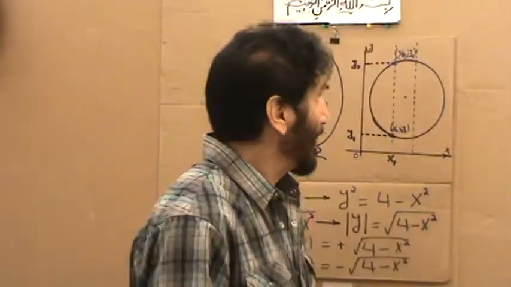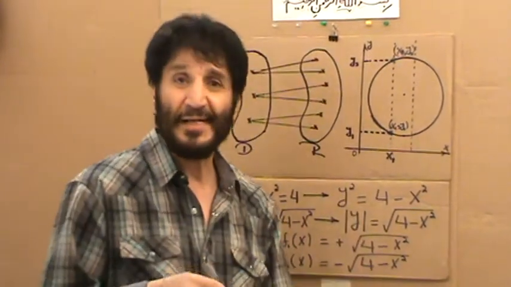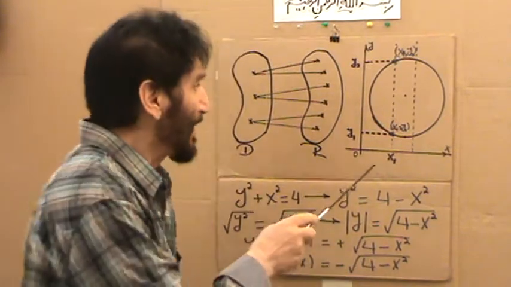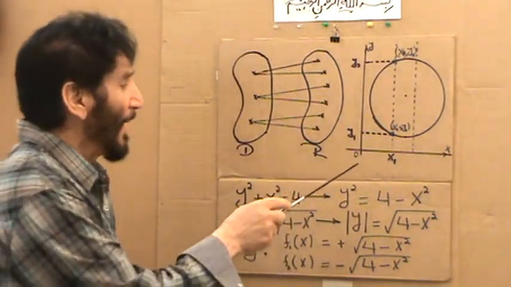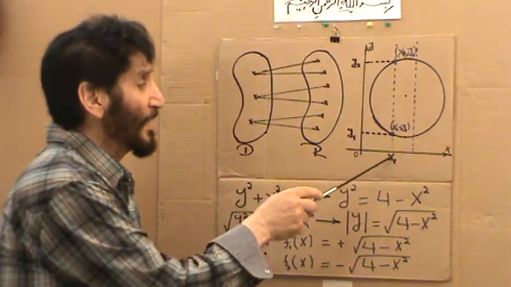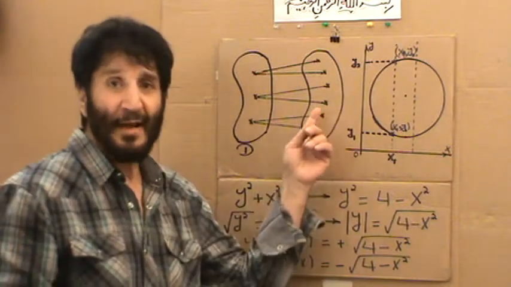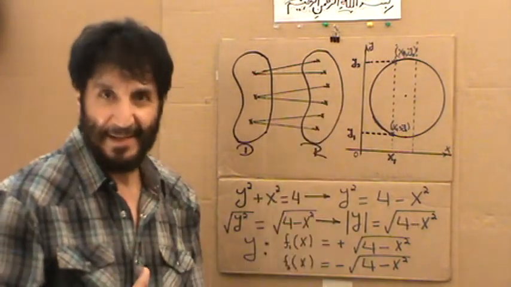Now, the graph of a circle is considered a multi-valued function. The reason the word function is attached to that is because it does follow a certain discipline. For instance, in this figure, x1 is paired with y1 and x1 is also paired with y2, but y1 and y2 are unique.